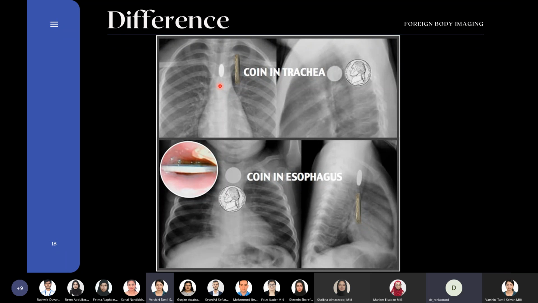So as a doctor in the ER, when you see that the coin is looking at you, first you're reassured, but you will still get your stethoscope and listen to the lungs. If the lungs are normal bilaterally, then you're reassured that this is probably in the esophagus. If everything else is good and the baby is in good condition, you're just going to wait for it to pass.